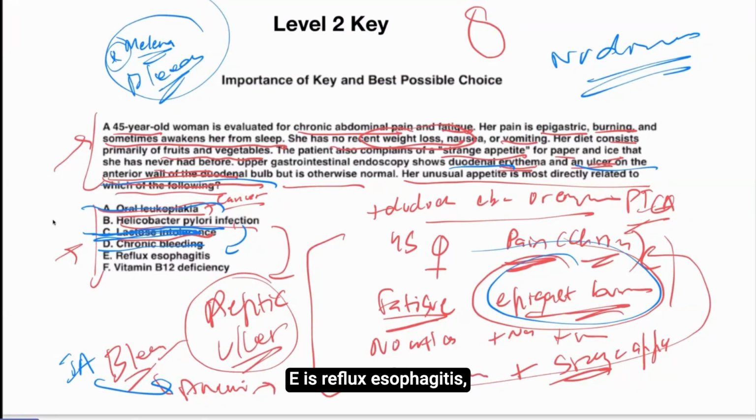E is reflux esophagitis, where you have too much acid production and issues with your lower esophageal sphincter that cause stomach acid to come up and cause ulcers, leading to Barrett's esophagus later on. In reflux esophagitis, the positive clue is that there is some pain. Generally you have throat pain, which you don't see here, but there is some epigastric pain, which could be an indicator.